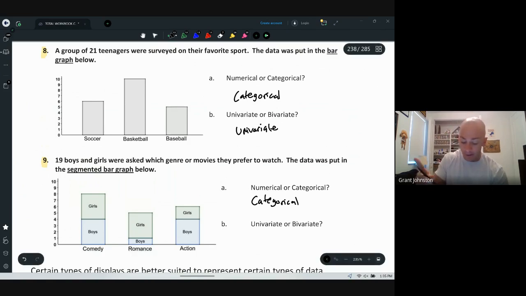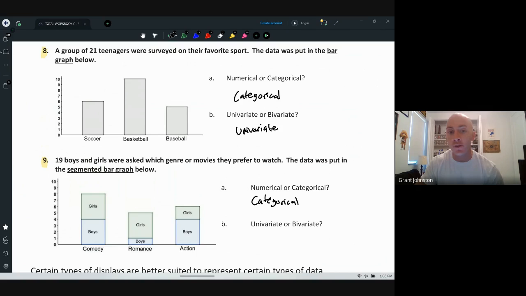But this one is bivariate because we've added an extra variable. Now we have boys and girls. So we have comedy, romance, action, that's categorical. But now we also added another variable, which is boys or girls. So this is bivariate. So segmented bar graphs are categorical bivariate.